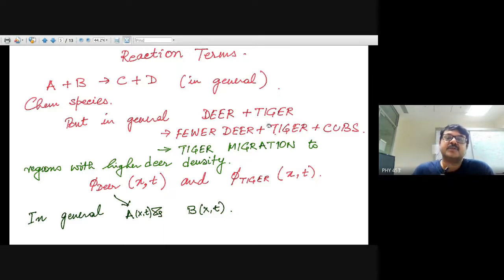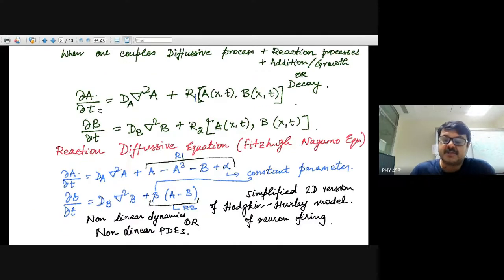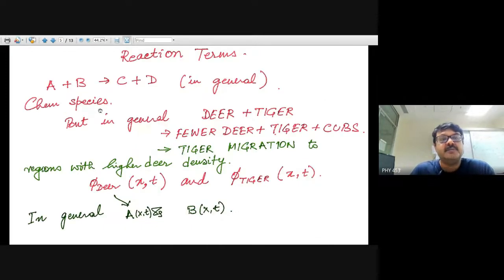Then the concentration of tiger will also decrease. So those are basically reaction terms, where A depends upon the concentration of B, B in turn depends upon the concentration of A, and there can be nonlinear terms, and so on and so forth. In general, the concentration of deer can be represented as the concentration of some species, in general species A, which is a function of both x and t.